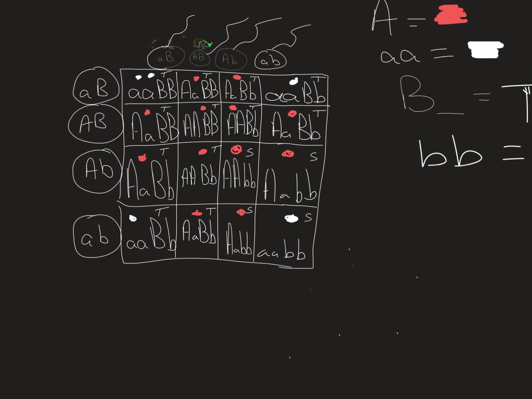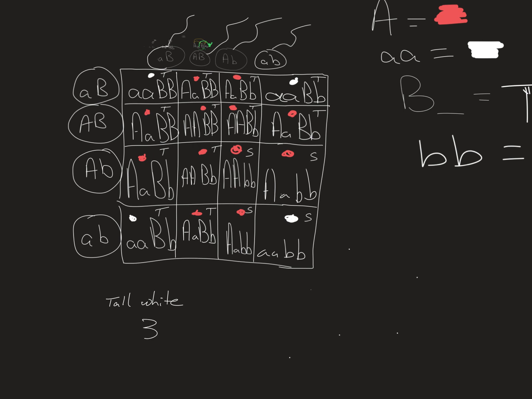So now we can easily do our phenotypic ratios. All right. How many tall white flowers, plants do we have? Tall white, tall white, tall white.